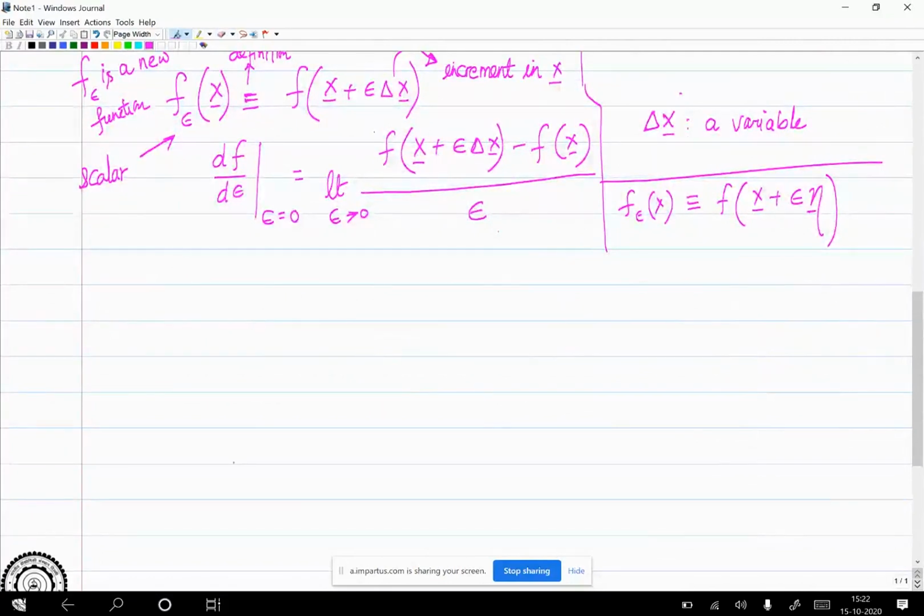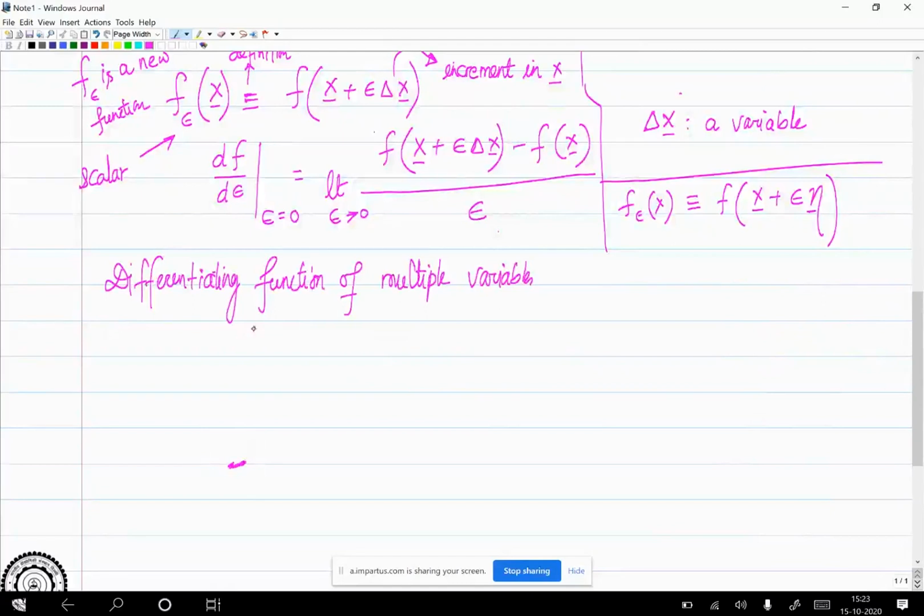So let us discuss differentiating a function of multiple variables.